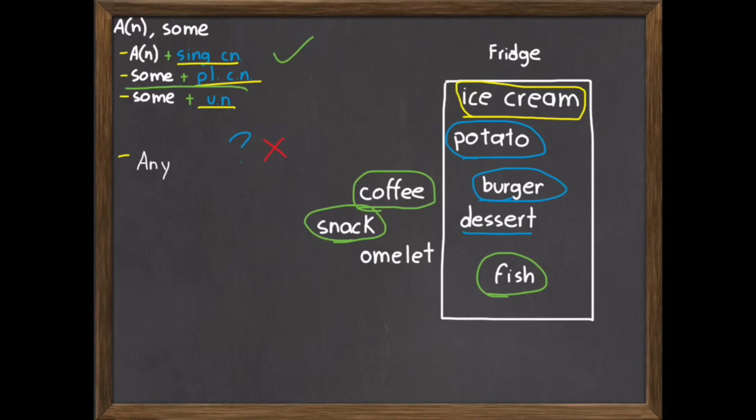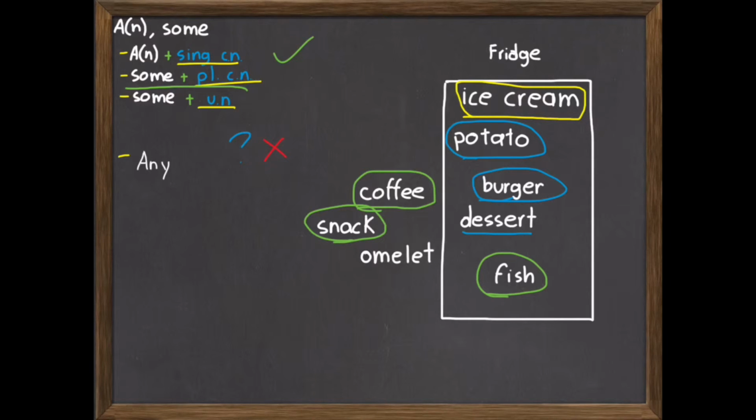Plural countable noun, and therefore we use some. Now, when we're talking about the snack, just one, we say a snack. We don't say an snack because, remember, an is before words that start with a vowel. Snack starts with an S, which is a consonant.